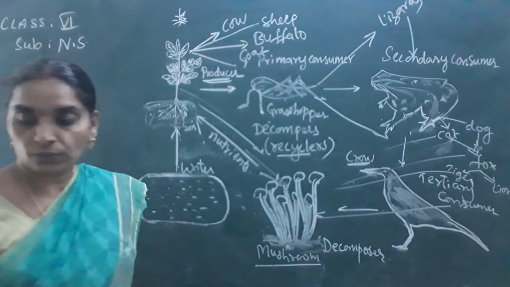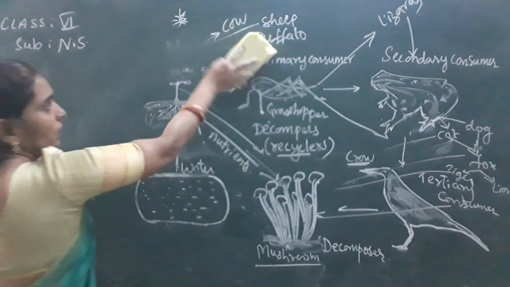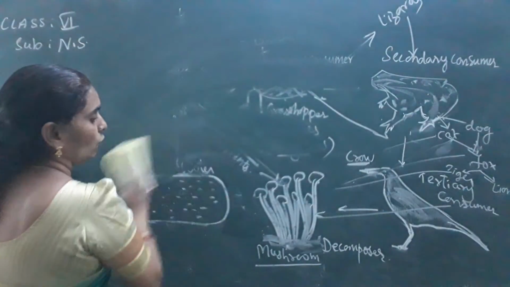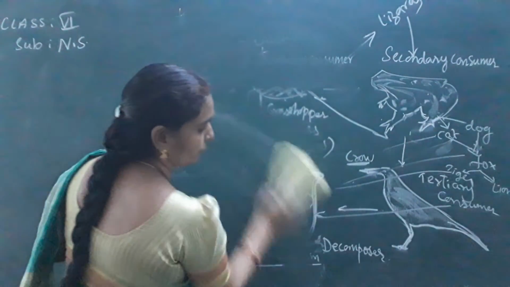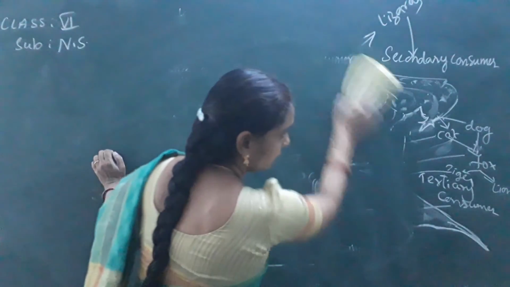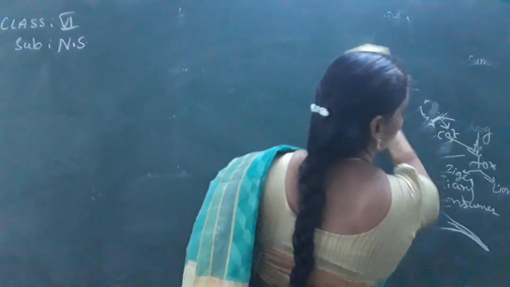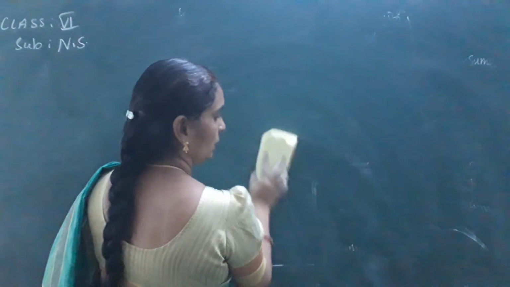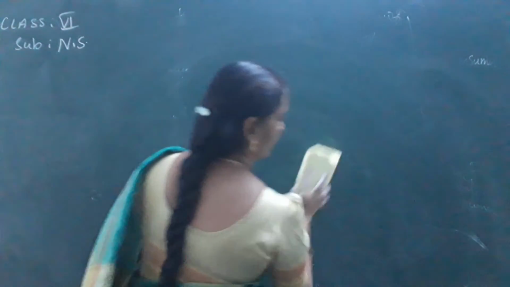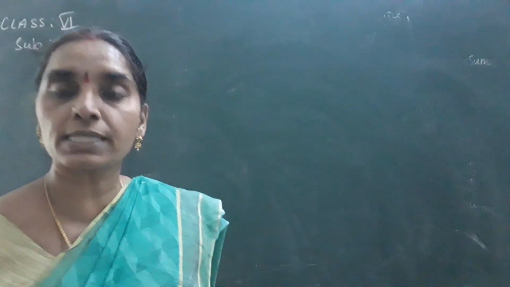Okay children, so several food chains form a food web. What is food web? Once again I tell you the food web, children. Each and every animal depends on other animals or plants for its food.